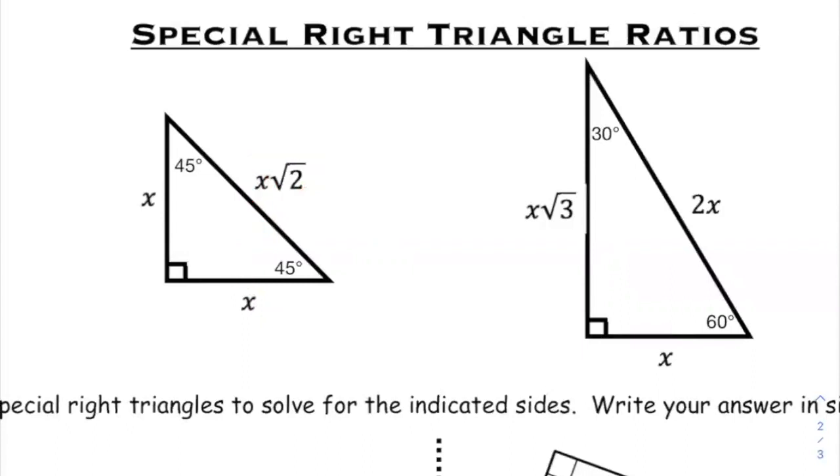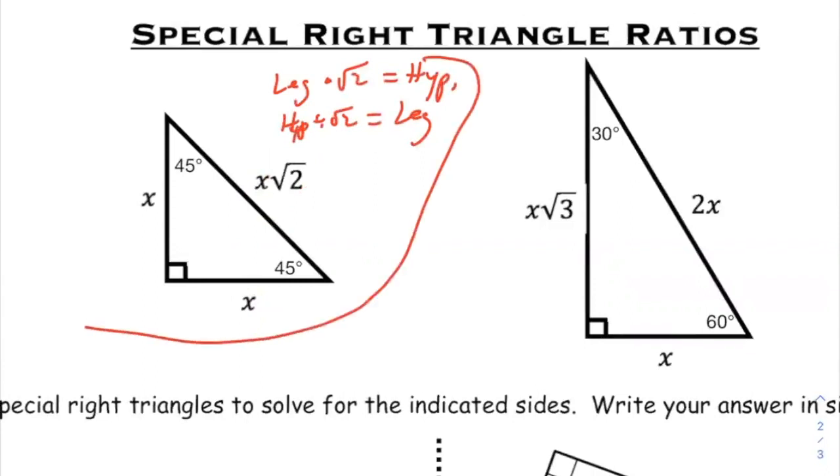Okay? So it's really easy to use 45, 45, 90s because leg times root 2 equals hypotenuse, and hypotenuse divided by root 2 is equal to one of the legs. All right, that's all you need to know for the 45, 45, 90.